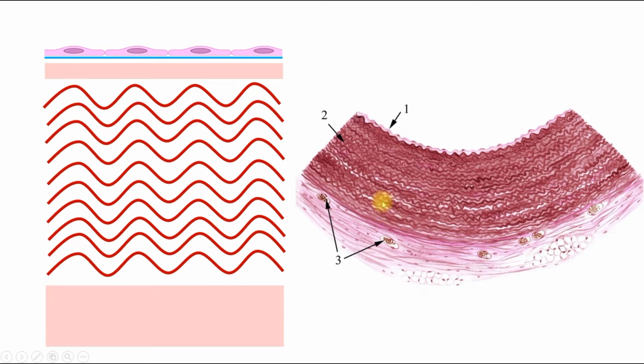Another type, the elastic type of arteries. They have numerous elastic membranes. For example, on this picture we can see the aorta, the biggest artery in our body, and the aorta usually may have from 40 till 70 elastic membranes in tunica media, but it almost doesn't have smooth myocytes.